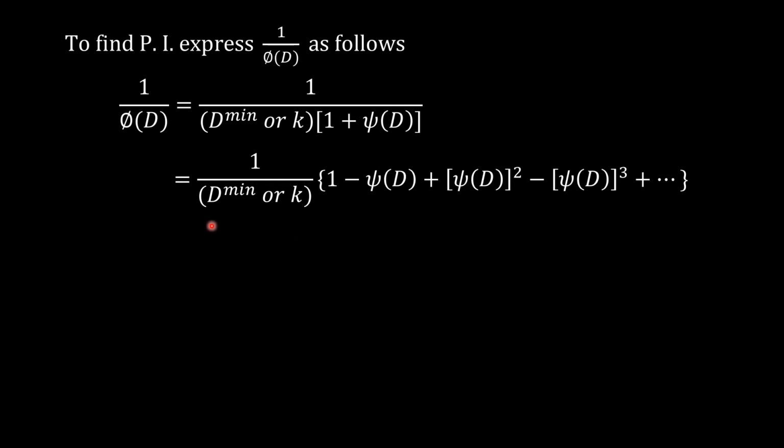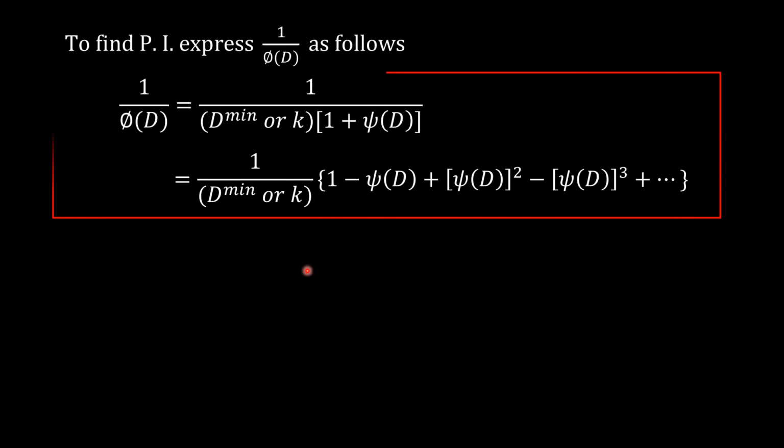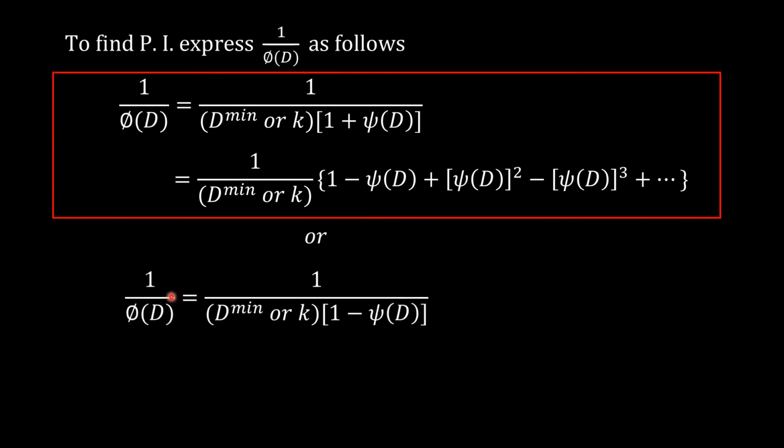If d is there in the denominator other than this term, then we have to simplify it further. This is one case. Or, for 1 upon phi of d, depending upon the terms, it can also be expressed as d raised to the minimum power, or k, into 1 minus psi of d.